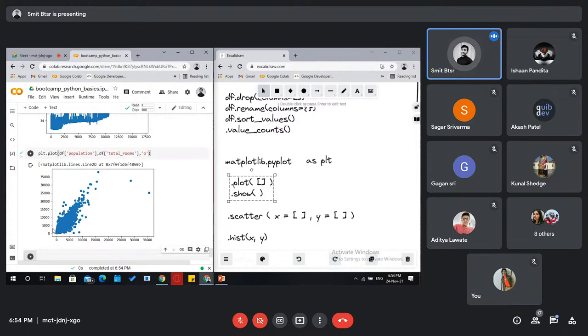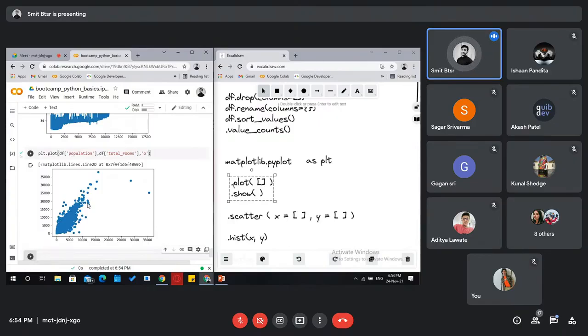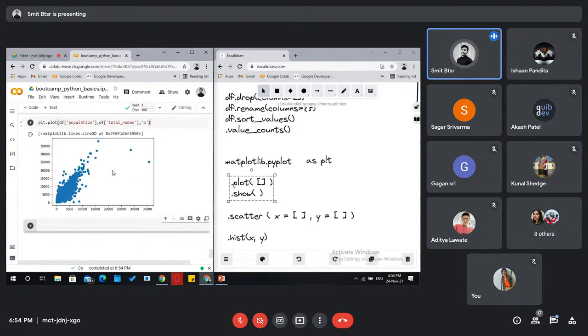We can also see that the majority of areas contain not more than this amount, and very few areas have a larger population, like 35,000. So we can get some information from this.